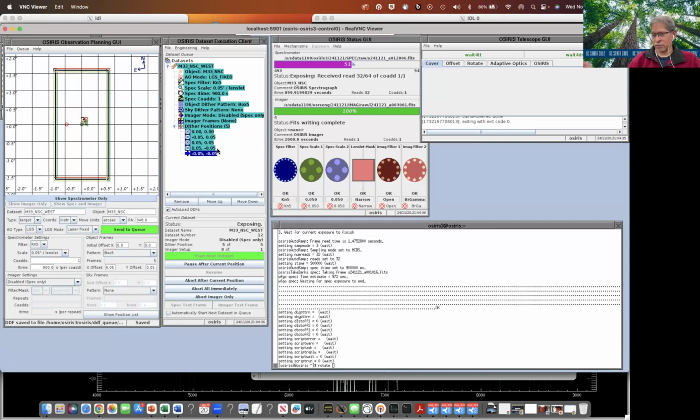So there's 15 magnitudes of difference in brightness, and every 5 magnitudes is a factor of 100. That means the telluric standards are 1,000,000 times brighter than the stars that we're targeting in M33. And so we can get away with very short exposures.